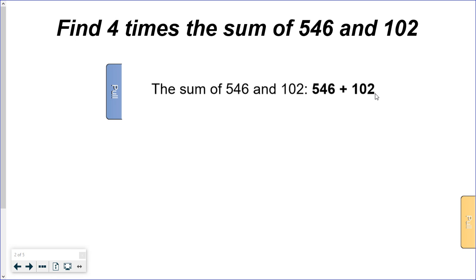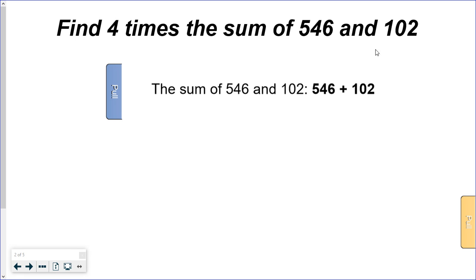Now be careful, 5th graders, because you'll notice it says find 4 times the sum. You might think to yourself, well, the word 4 times is listed first, so that's the thing I have to do first. But I have to warn you, 5th graders, that just because the word times is listed first, that does not mean that's what's going to be done first.